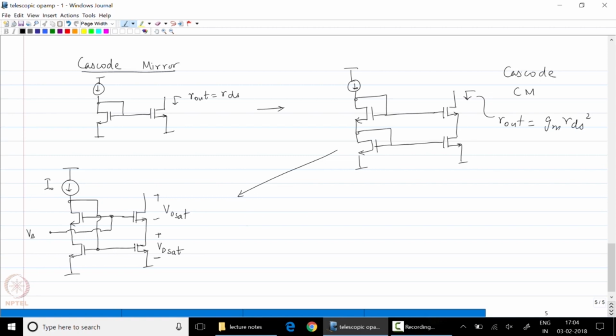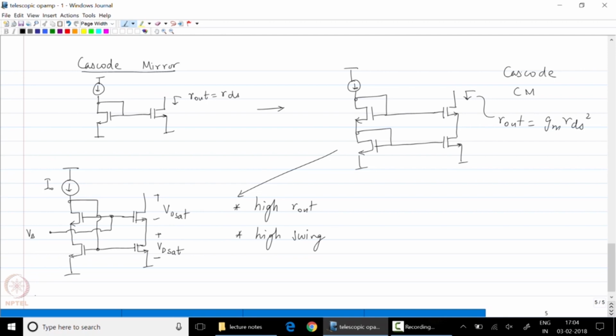Therefore, this circuit has high Rout and high swing. This is called the high swing current mirror or the low voltage cascode current mirror.